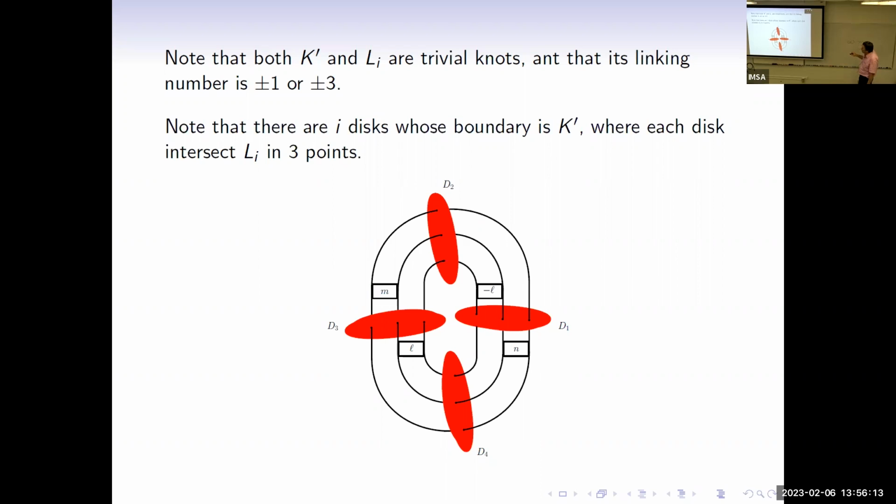In this case there were 4 disks intersecting K L in 3 points. We can think that all these disks have the same boundary K prime and they intersect the knot in 3 points.